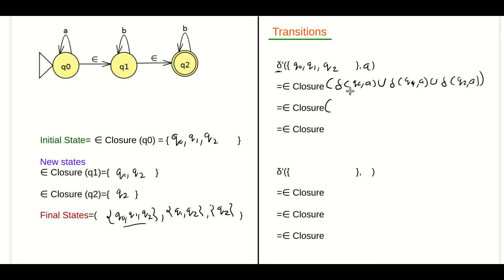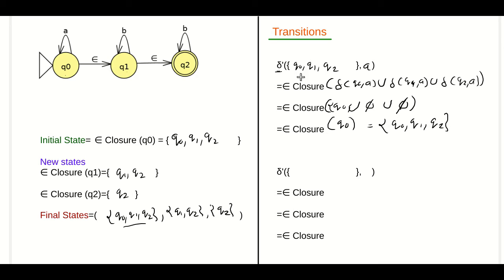We know delta of Q0 A is Q0. Then delta of Q1 A, there is no transition on A, so it is phi. And from Q2 on A, there is no transition, so it is also phi. So it is the epsilon closure of Q0 union phi, that is the epsilon closure of Q0, which is Q0, Q1 and Q2.